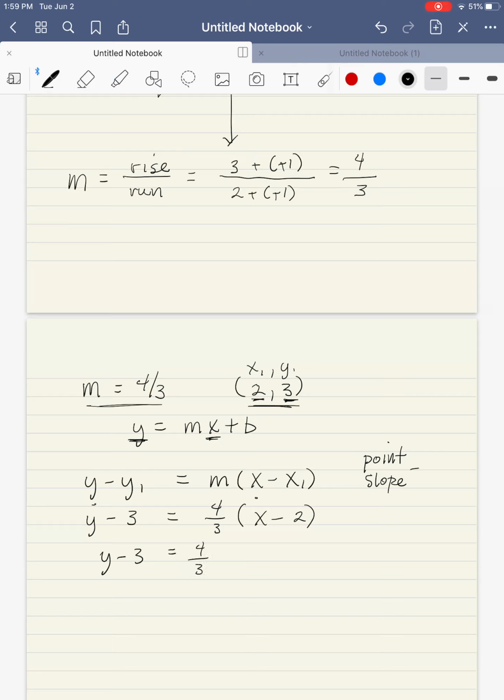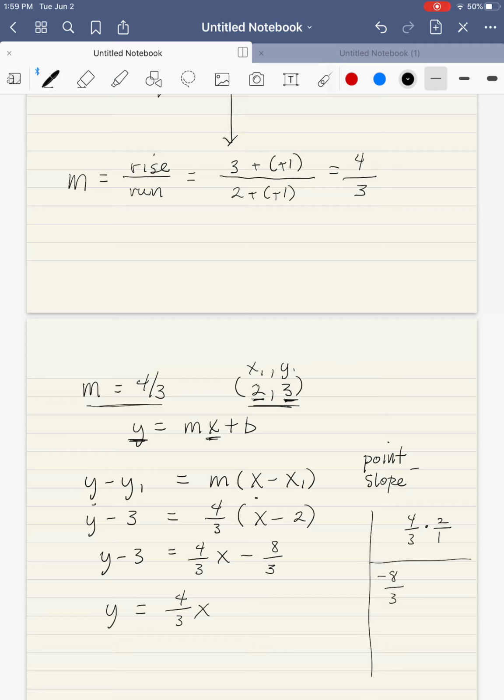So I see that when I distribute the 4/3, remember if I multiply 4/3 times 2, that's 2 over 1. I multiply the numerators, I multiply the denominators, and I get 8/3. And then I can add the 3 to both sides.